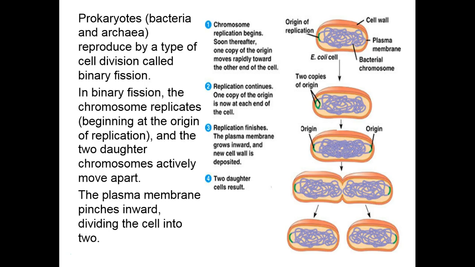But what the bacteria has is two areas that are called origins of replication. And what happens is those origins of replication move to the two opposite ends of this bacteria. And one of the things before this happens is this bacteria inside just gets too big for itself.